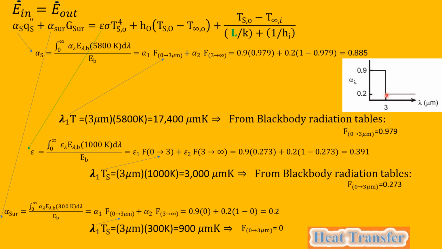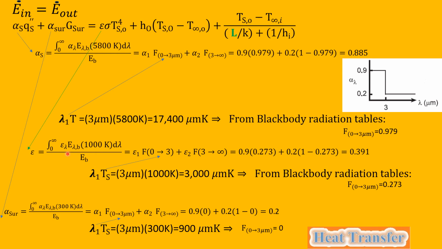We're just interested in this part going all the way to 1. So all we do is simply 1 minus the piece that we found right here. That gives us the missing part. There you have it, 0.885 for alpha S, the absorptivity, the amount of energy that we will absorb from that 80,000 coming in from the heliostats.